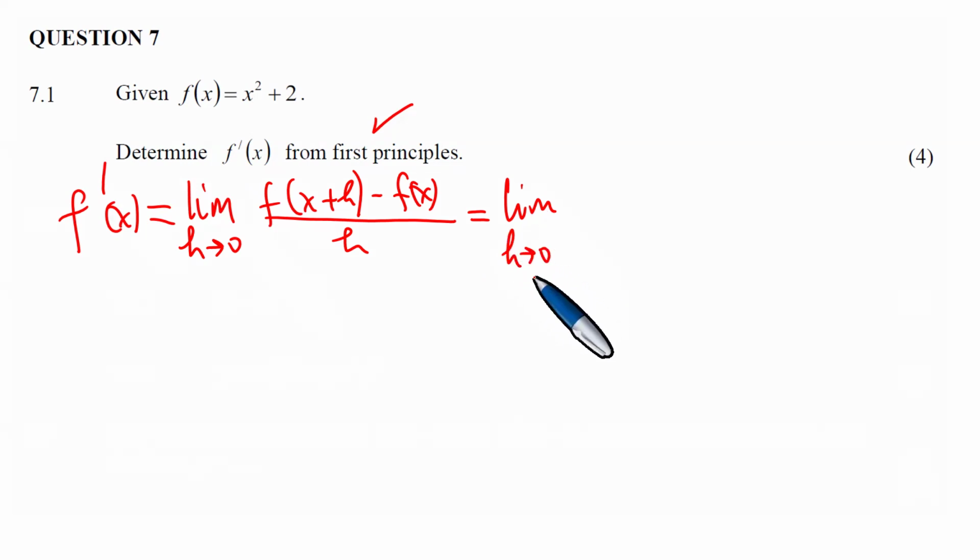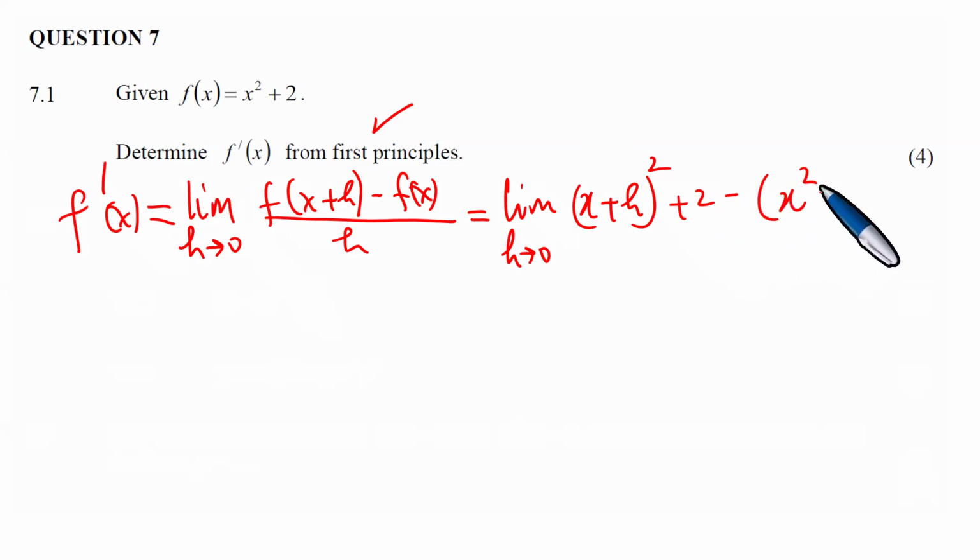As h tends to 0, the limit, and you come to the function, which is x squared plus 2, and this is going to be x plus h all squared, plus 2 minus f of x, which is actually x squared plus 2, and this is all divided by h, like so.